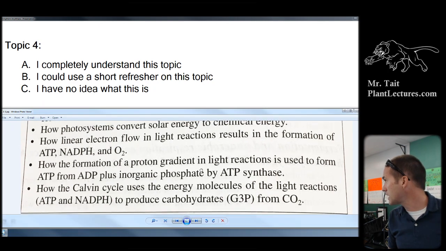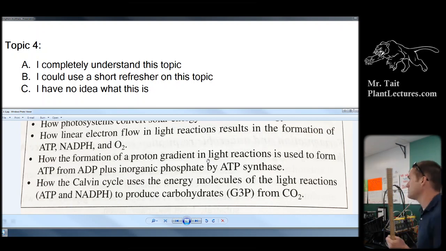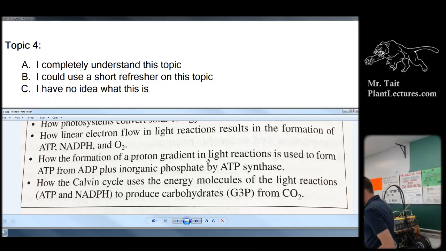How linear electron flow in the light reactions results in the formation of ATP, NADPH, and O2.